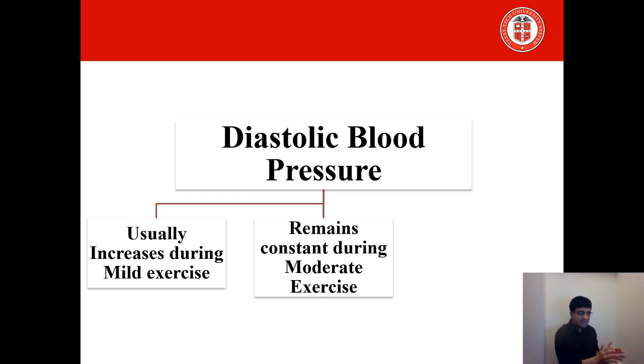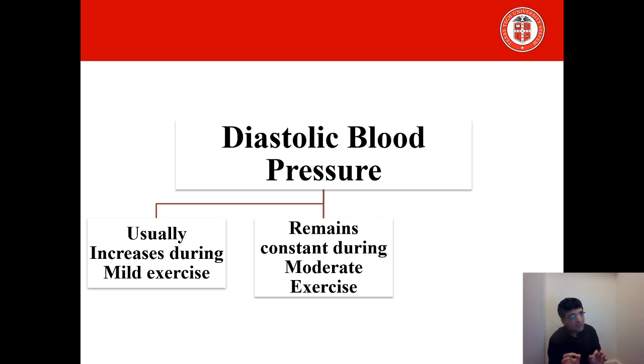In the exercising muscles, if you remember the local mechanisms, because of the production of carbon dioxide, hydrogen ion, potassium ion, and lactic acid, there is vasodilation. Vasodilation means there is a decrease in peripheral resistance, a decrease in diastolic blood pressure. But that change is taking place only in the exercising muscles.